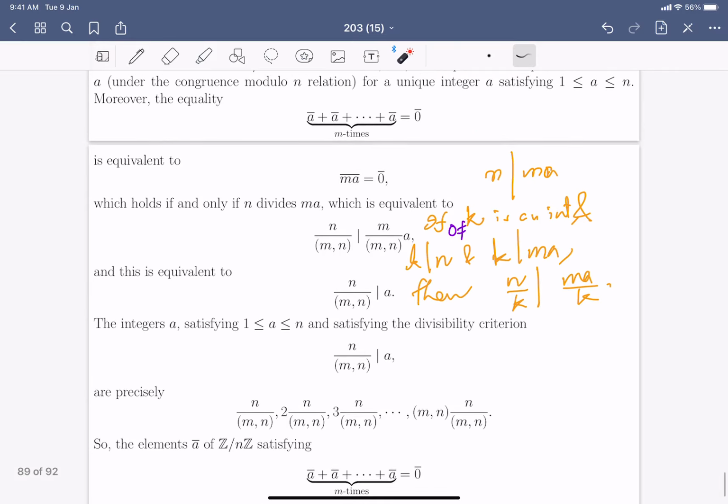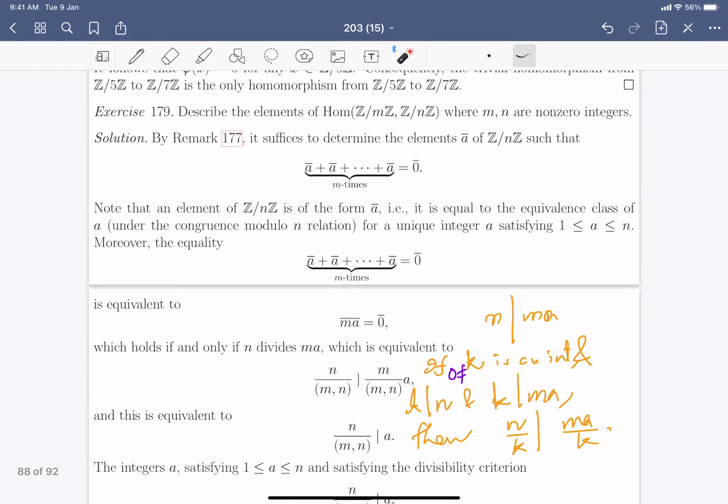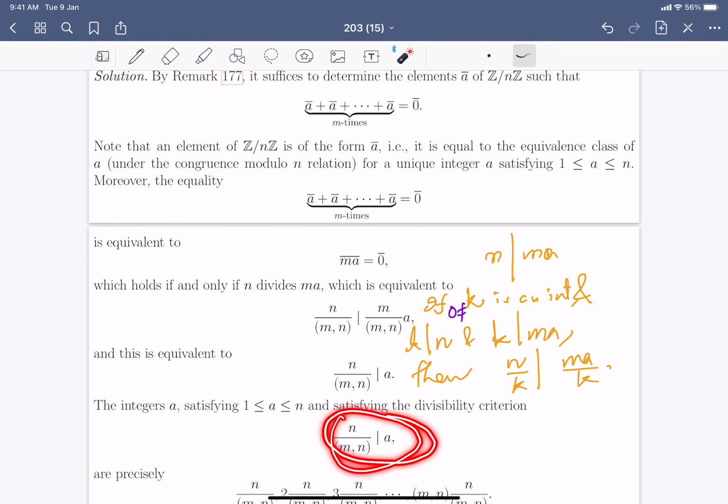Great. Just to remind you once again, we are looking for all the elements a bar of Z mod nZ. We also recall that such elements are in one-to-one correspondence with the equivalence class of a unique integer satisfying these inequalities. So you're looking for integers a between 1 and n such that this holds, and this condition is precisely equivalent to this divisibility condition.